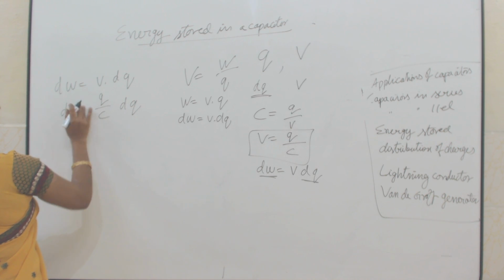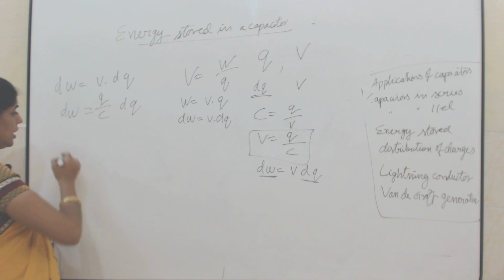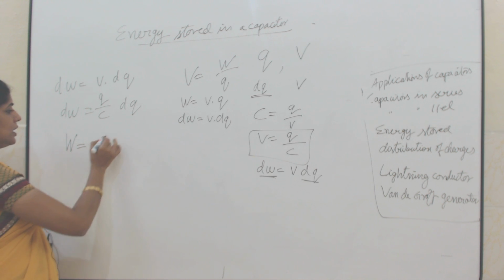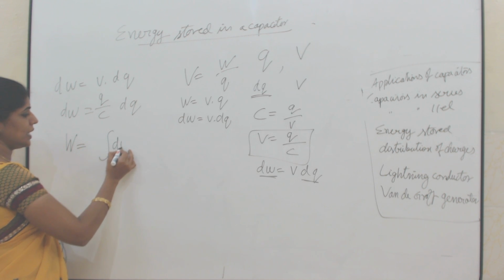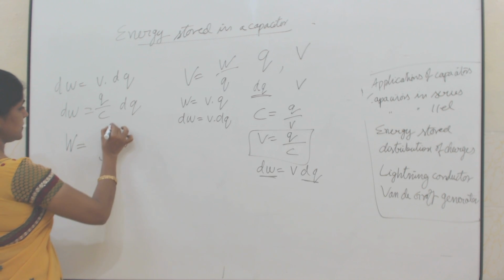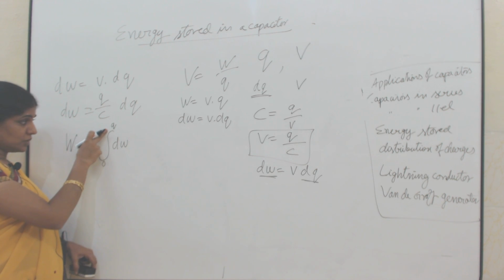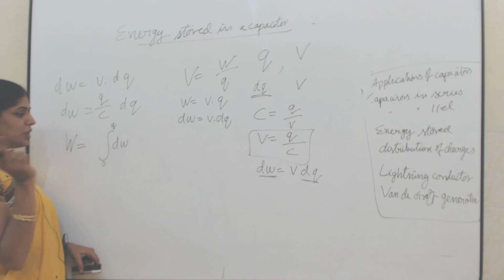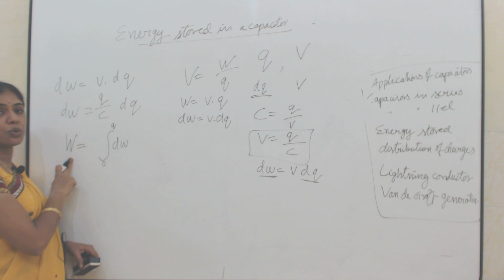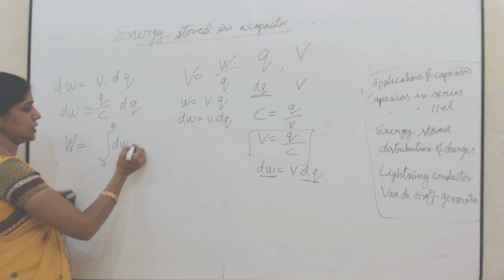Now, I want to find the total work done in storing the charge Q. I can find it by integrating between the limits 0 to Q. If I integrate this small amount of work done between 0 and Q, I get the total work done. This work done in storing the charges will be its electrostatic potential energy.